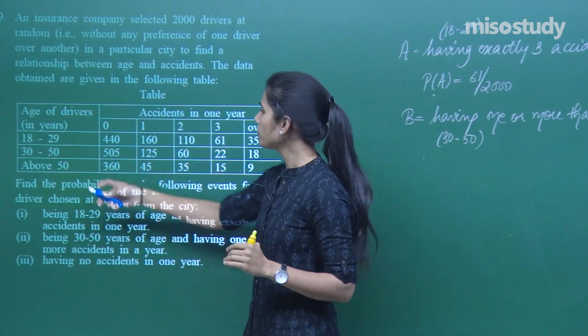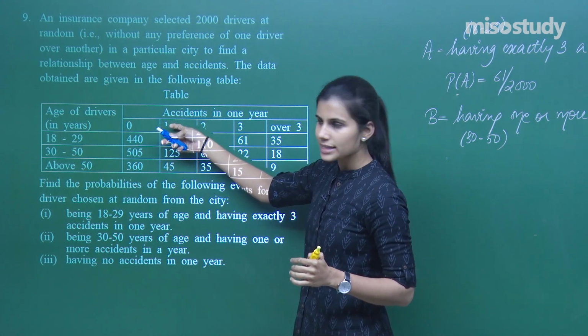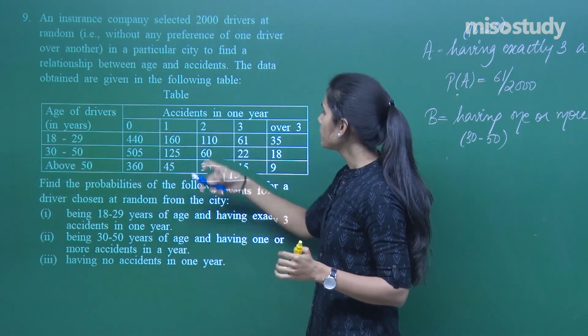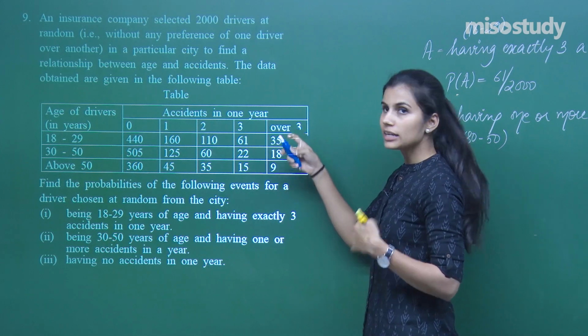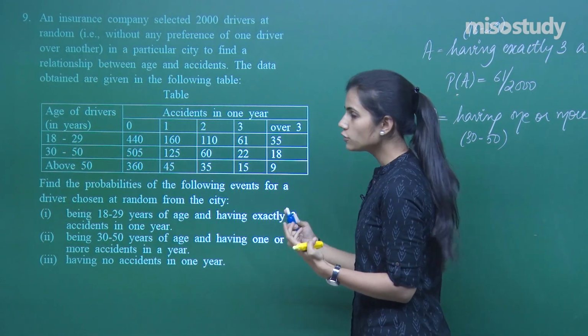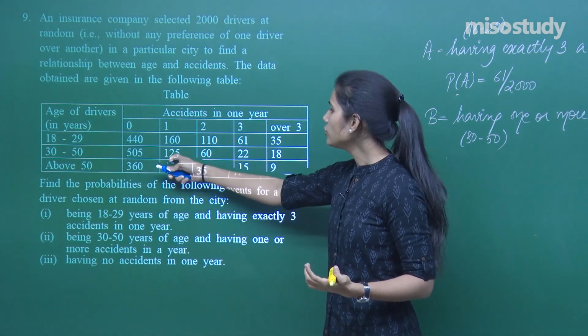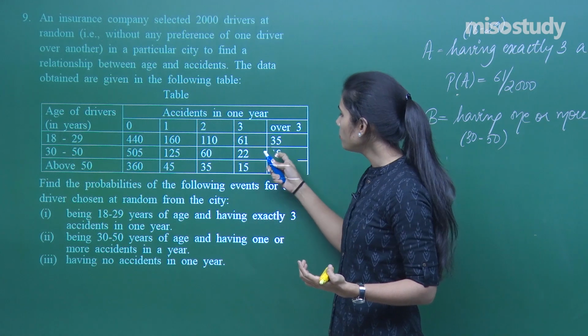If you are in the age group 30 to 50, 125 are being exposed to 1 accident, 60 are being exposed to 2, 22 to 3 and 18 are above 3. So, at least 1 accident in this age group of 30 to 50 is happening with how many drivers? 125 plus 60 plus 22 plus 18.